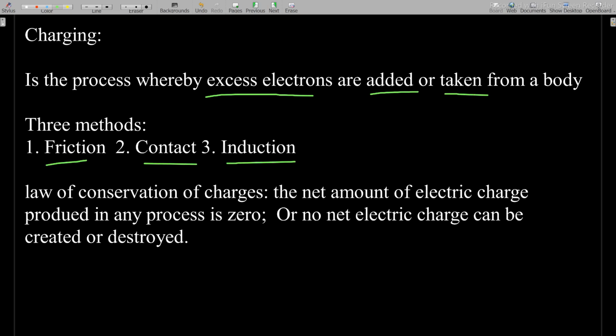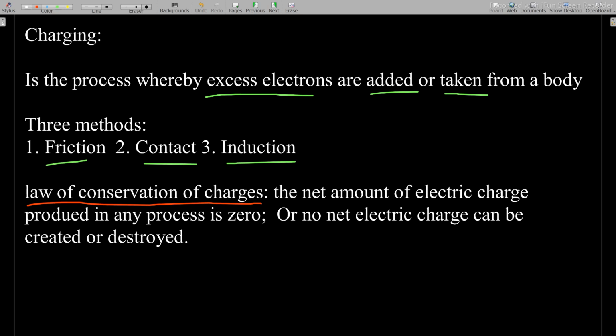And in all the processes, there is one particular law that is being conserved: the law of conservation of charges. It states that the net amount of electric charge produced in any process is zero.